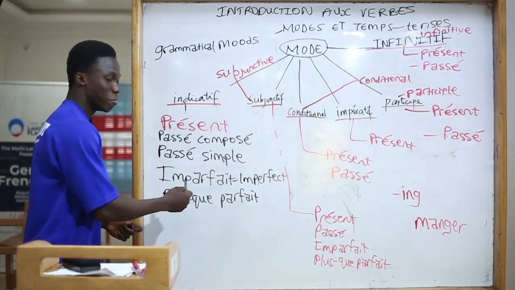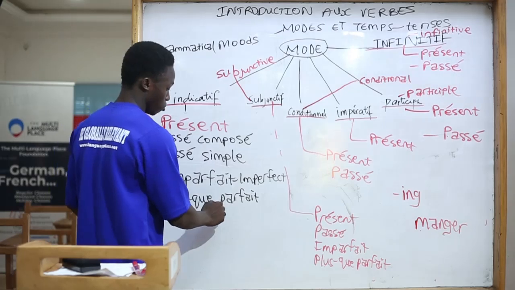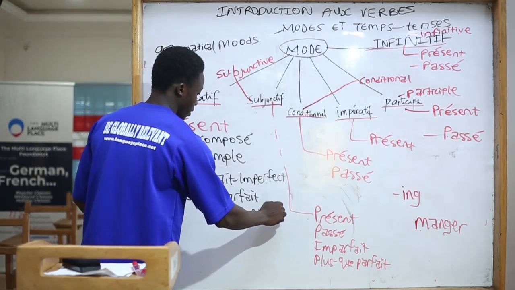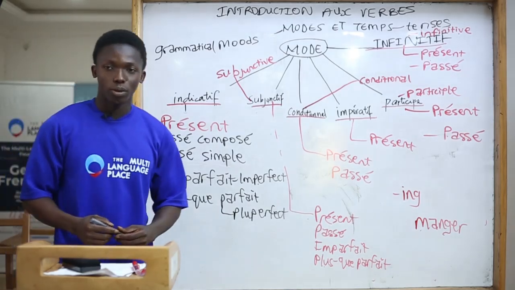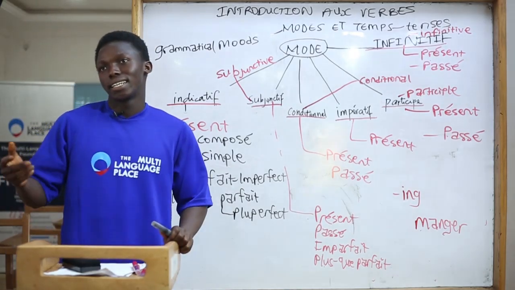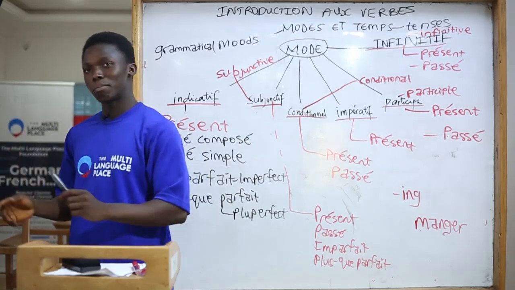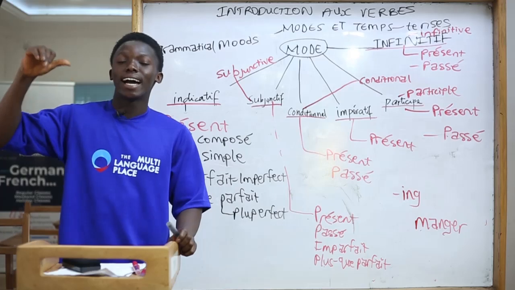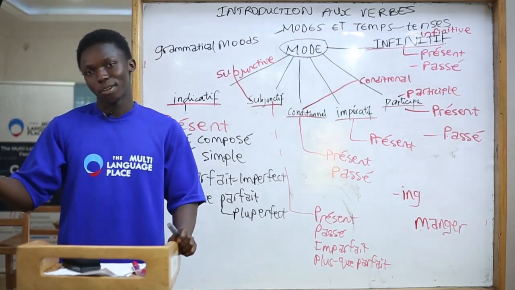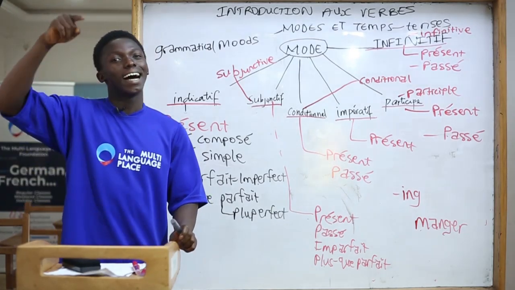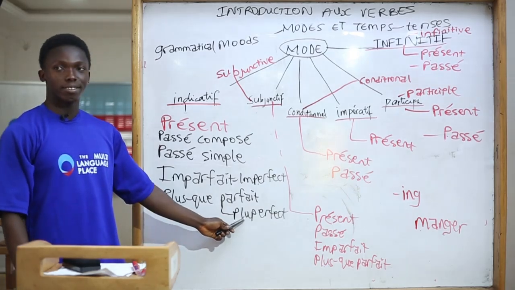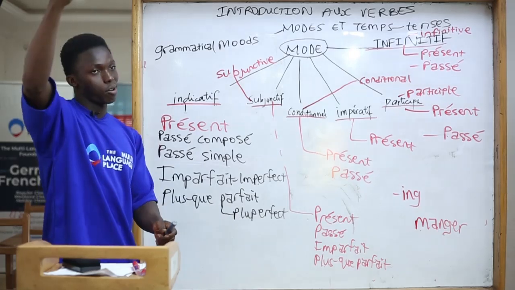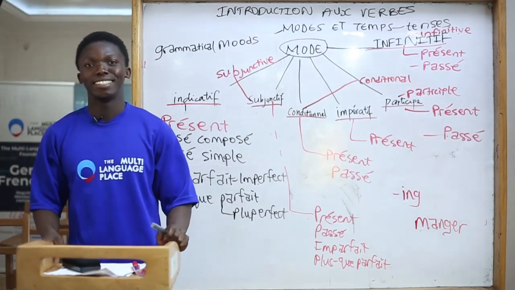Plus que parfait, to translate it in English, we would say pluperfect. The pluperfect tense is used to express past events in relation to another past event. For example, if I say I had not eaten when he ate, I had not eaten is pluperfect because you are relating it to another past event, but this one is more, should I say, past than the past event you are relating it to.